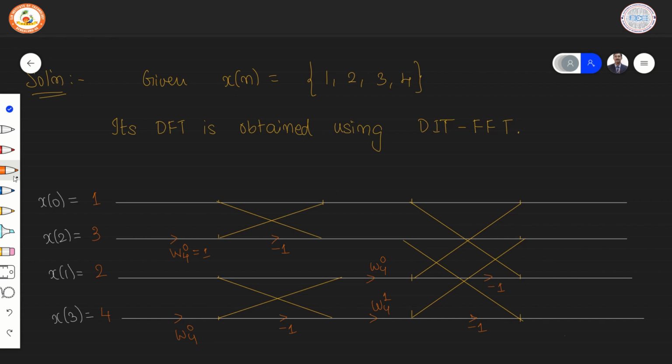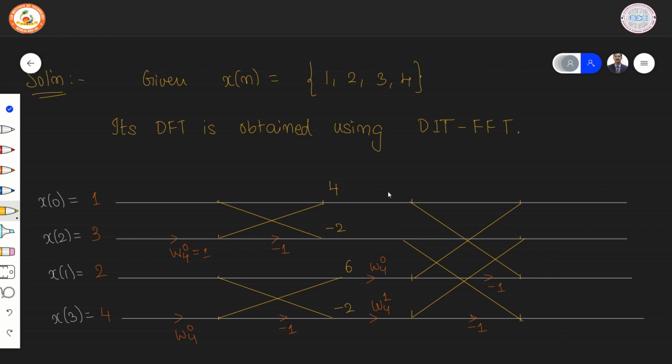The sum of 1 and 3 we can calculate is 4, and the difference here is equal to -2. Therefore, the answer for this is 4, and 1 minus 3 will be -2. Similarly, the sum of 2 and 4 will be 6, and the difference will be equal to -2.